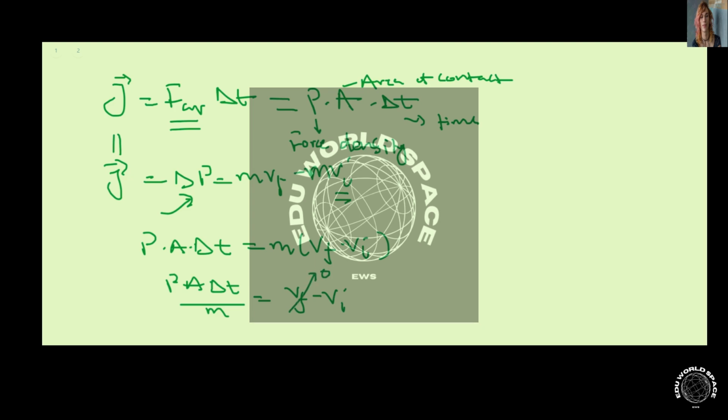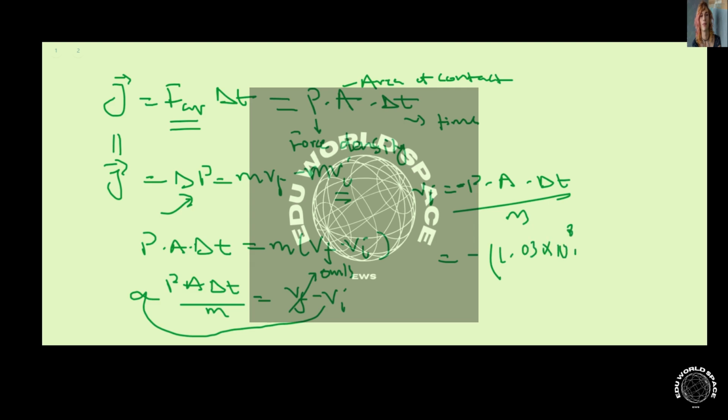Remember, v final is 0 meters per second. And so v initial has to be negative the force density times the area times delta t over m, because the minus goes to this side. The force density is 1.03 times 10 to the 8 Newton per meter squared. By the way, the force density looks like pressure, and even the units are the same.